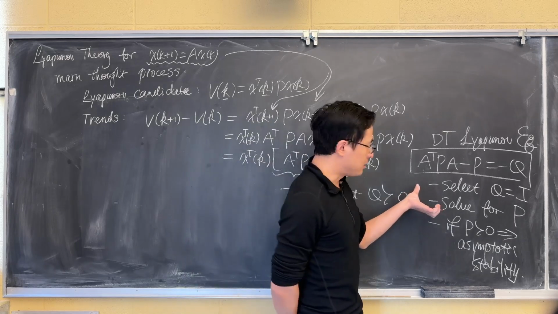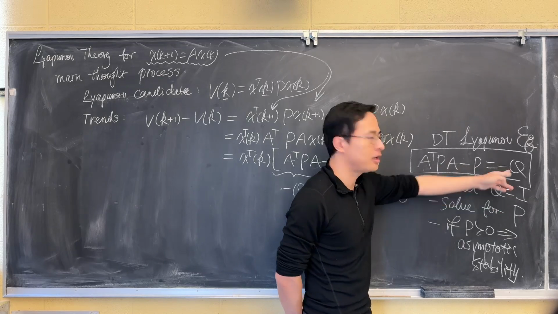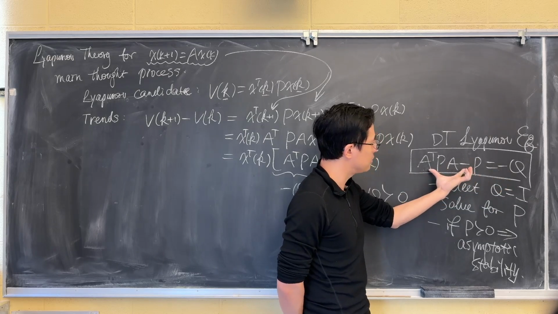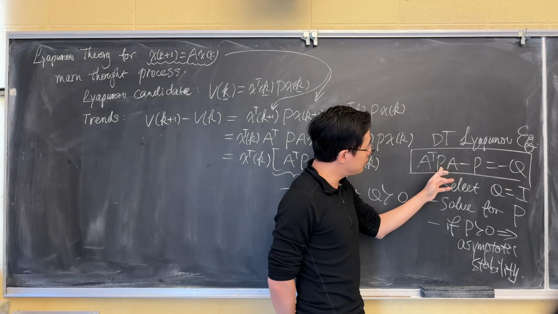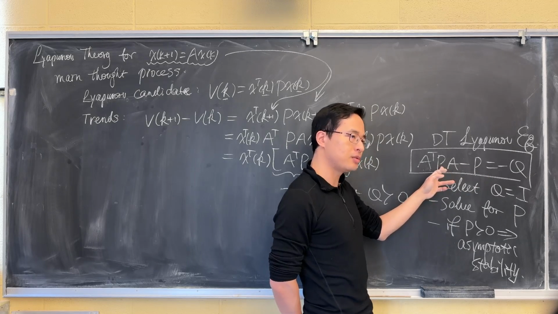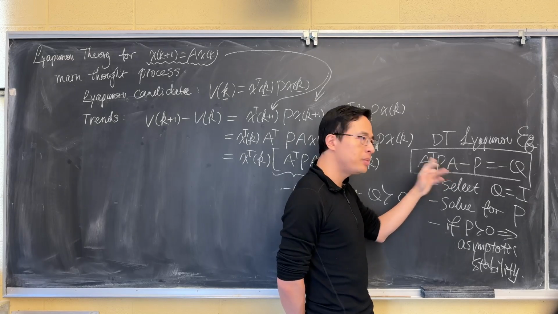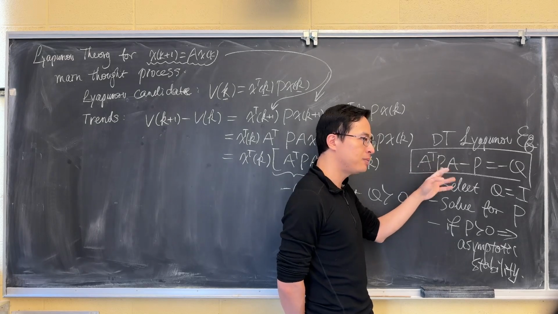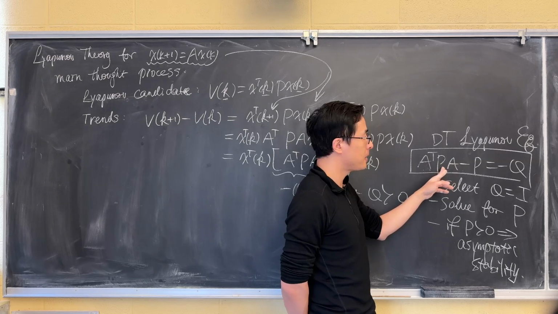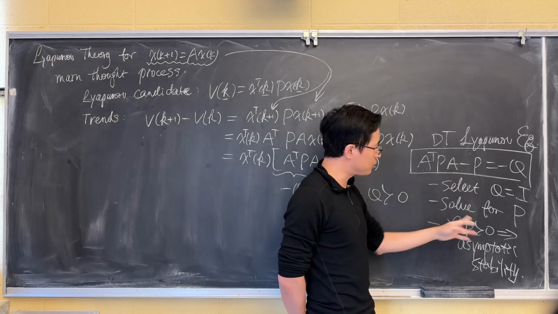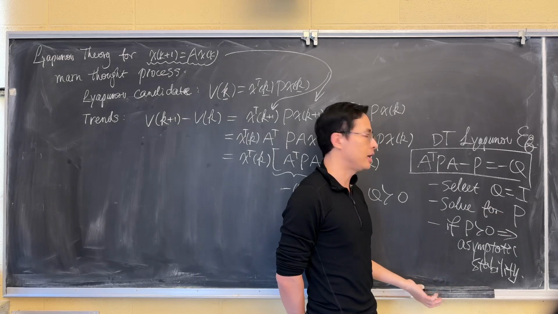In more detail, if you plug in Q equal to identity and try to solve this, you will realize that this equation is linear with respect to P. There's no P squared or sine of P or any other nonlinear terms in P. So the equation is linear with respect to P, meaning that it's very easy to solve in our case.